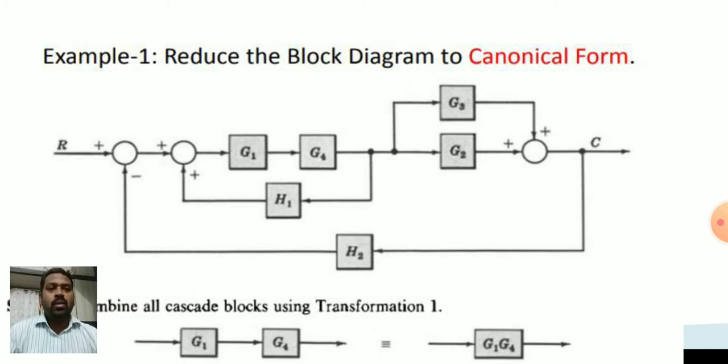So in this example we are having two forward paths and two feedback paths with feedback signals H1 and H2, and the regular path, that is G1, G4 and G2, and G3 is another forward path.